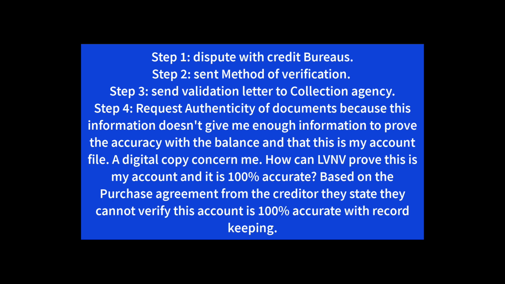If you see that date changing, the only way it can change is if there's activity on the account: you made a payment, or the balance increased. If your balance didn't increase and you didn't make a payment, there's no activity on the account. Just because they report it doesn't mean there was activity. There is no activity on the account, so the date shouldn't change.